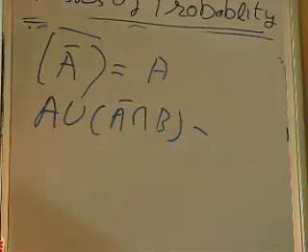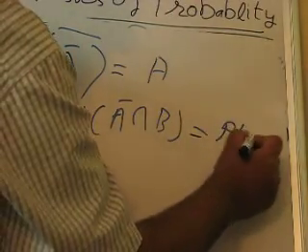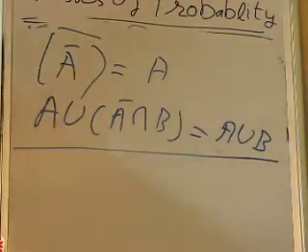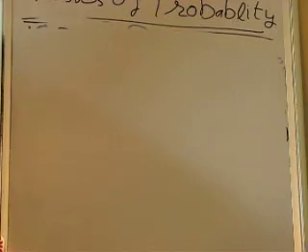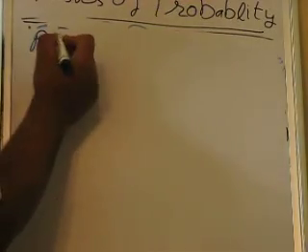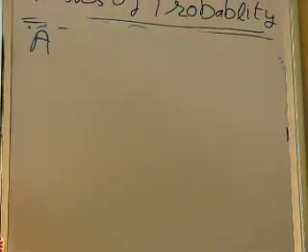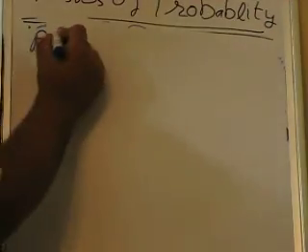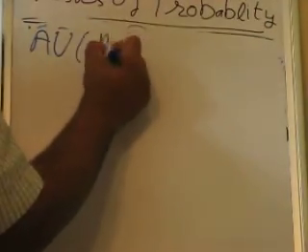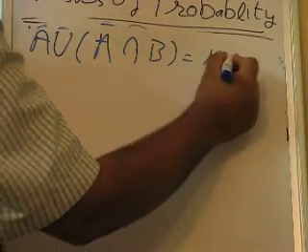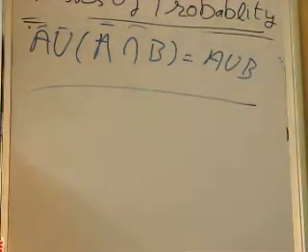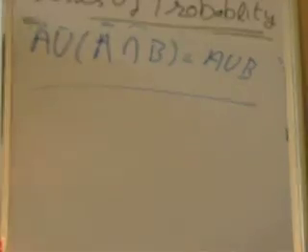You will get nothing but A union B. Again, this can be proved using your Venn diagram. I'll write once again: A union (A bar intersection B). This can be proved using a Venn diagram.